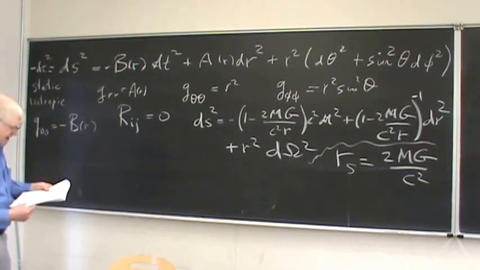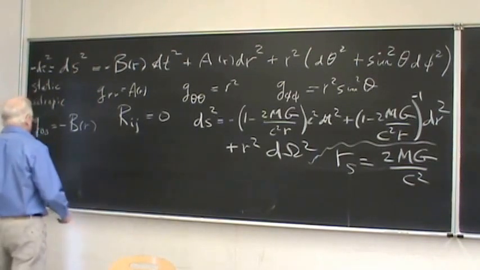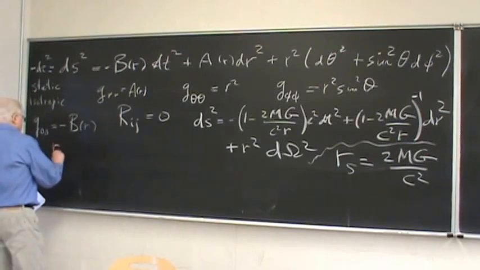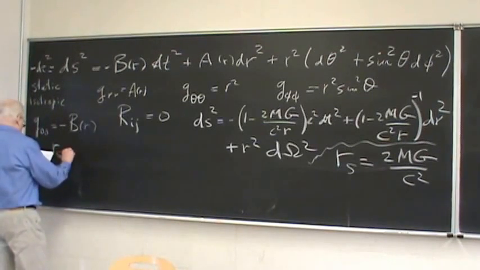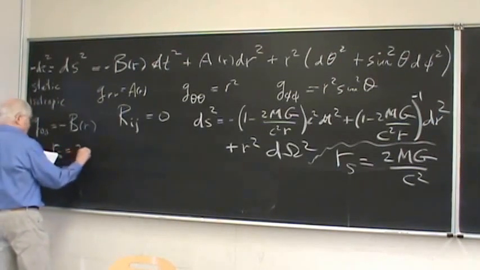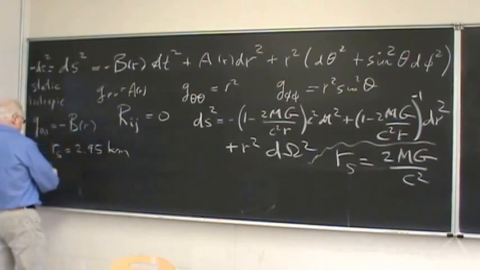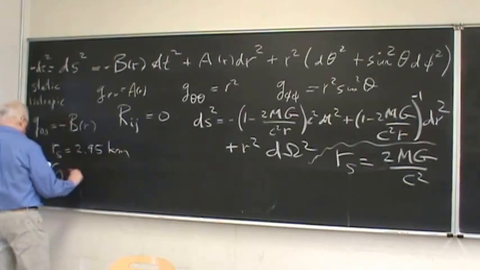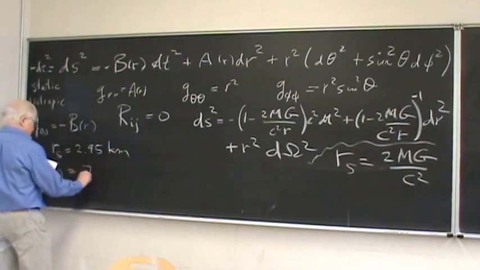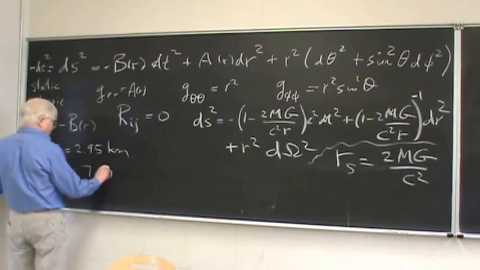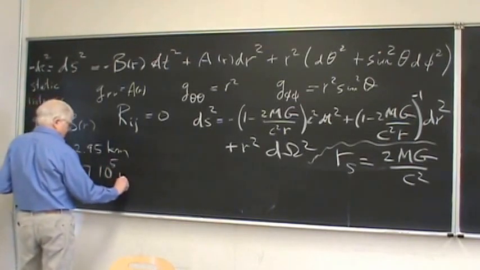On the other hand, for the sun, this R Schwarzschild is about 2.95 kilometers, whereas the radius of the sun is equal to about 700,000 kilometers.